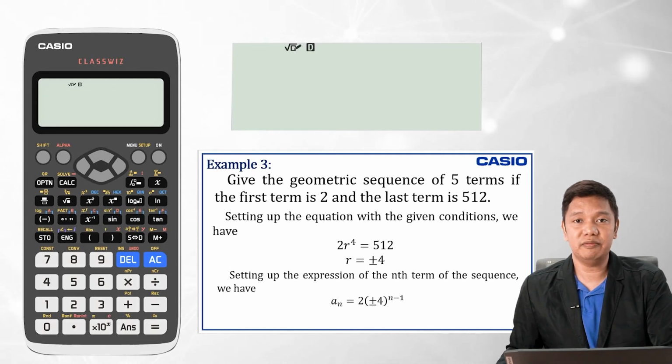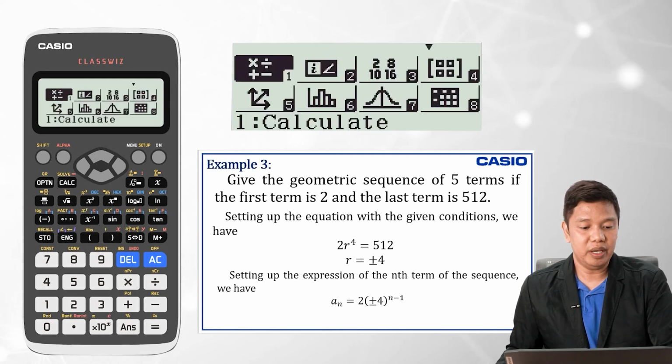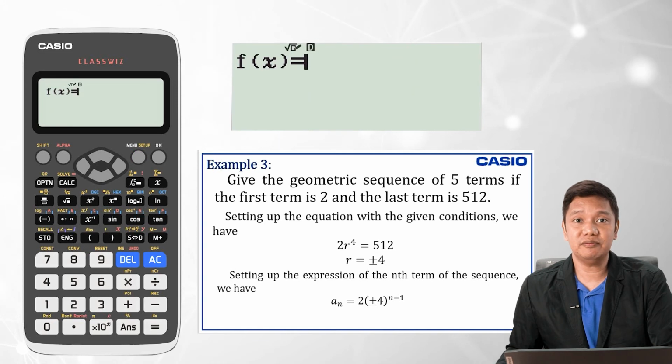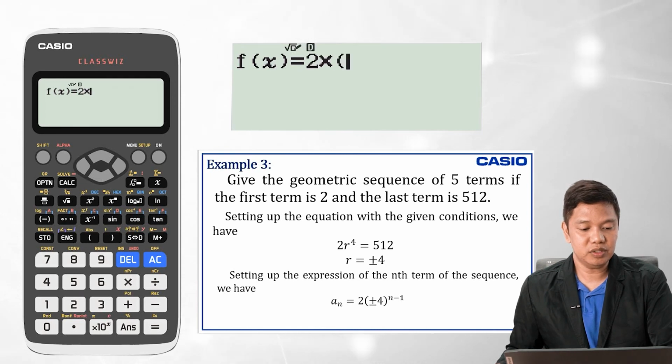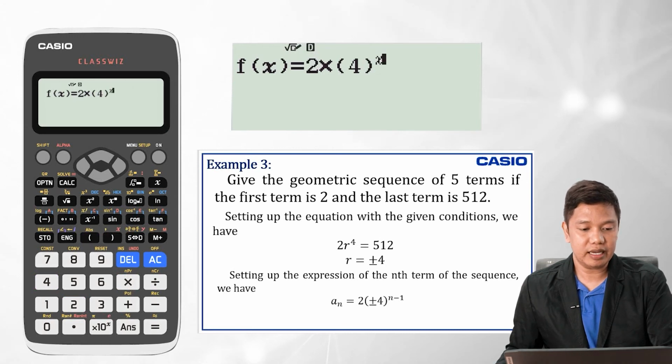Let us use the table function to generate the first 5 terms of the two sequences. We have menu 9. For the first function, let us use the positive value for the common ratio. And so we have 2 times open parenthesis 4 close parenthesis raised to x minus 1.